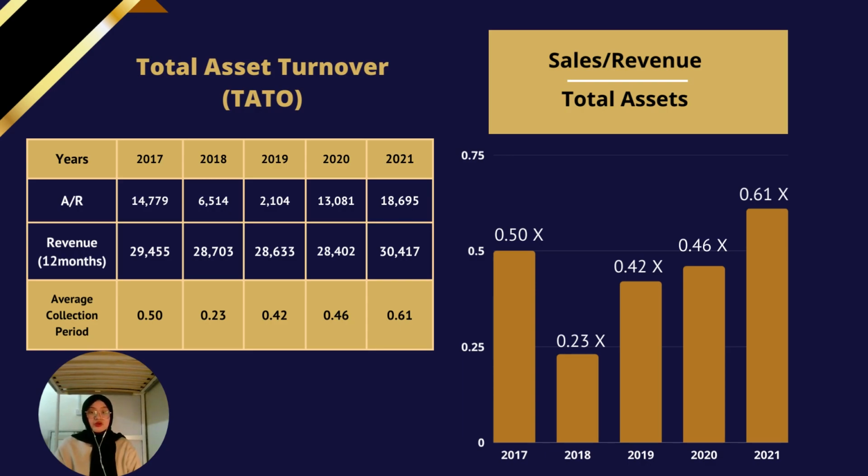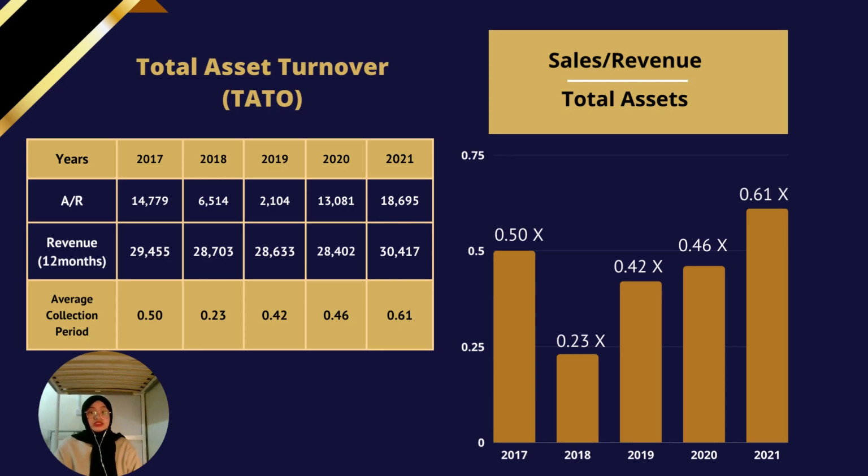This is driven by the denominator of assets that includes huge numbers such as plant, property, equipment, and goodwill, and also lower revenue. Sime Darby didn't manage its assets more efficiently in the past 5 years, which is 2017 to 2021. This means that the company was not very efficient with its use of assets.